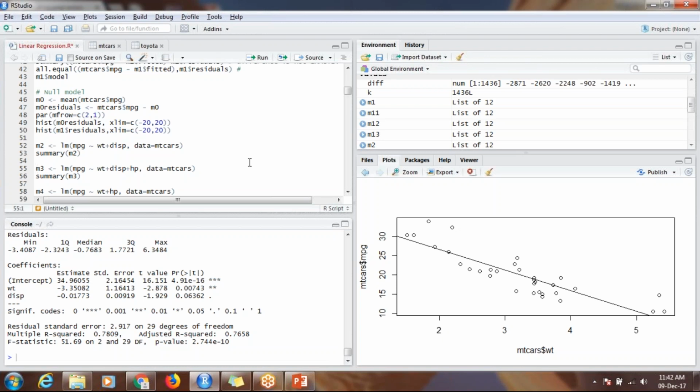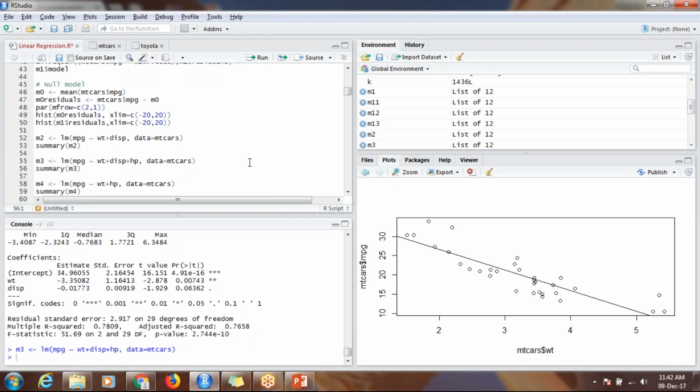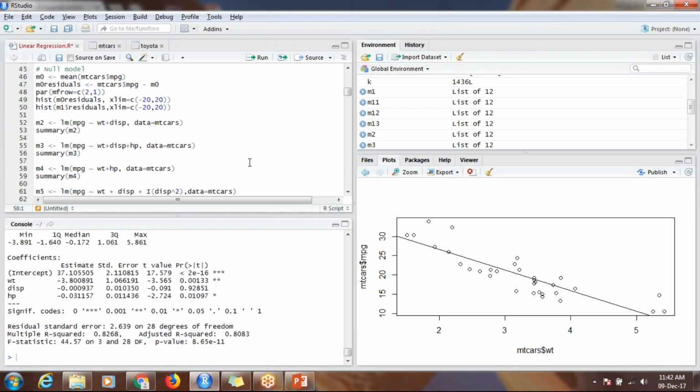But somehow let us load it with some more variables and try to understand how it behaves now. So now see, this variable has almost disappeared. The reason is that the impact that was there due to this variable is now shared by weight and HP, horsepower.